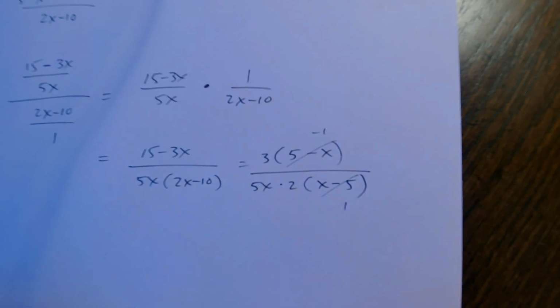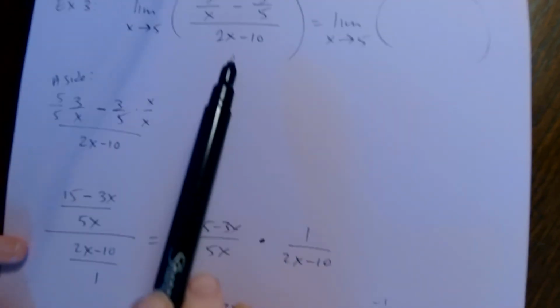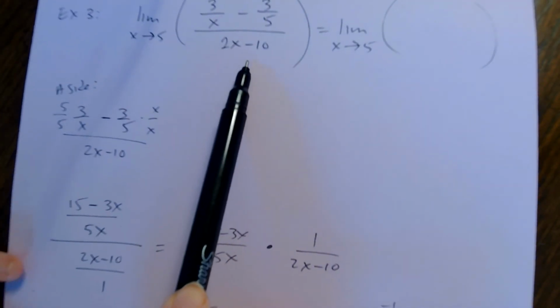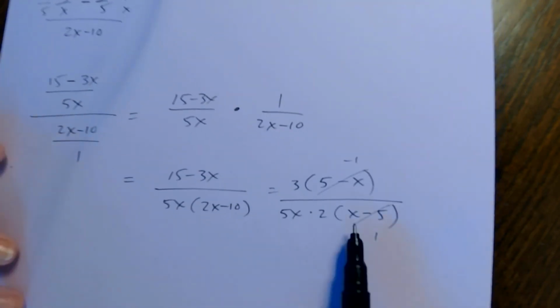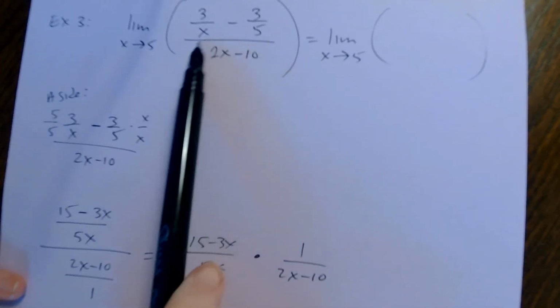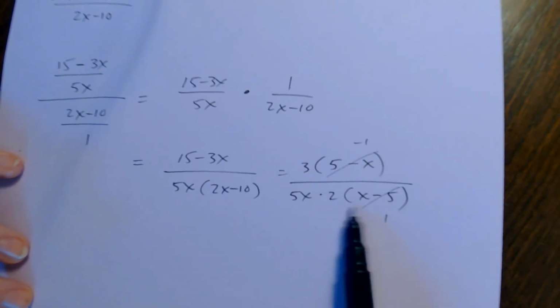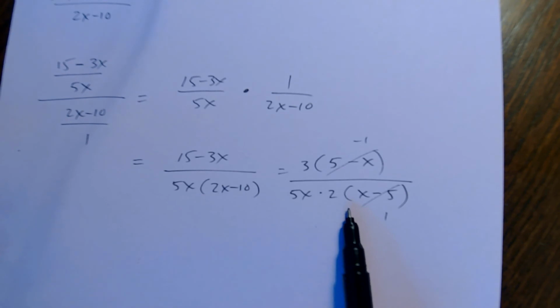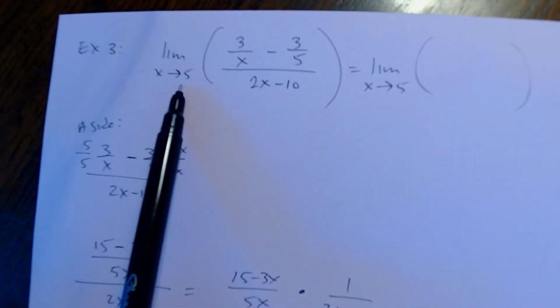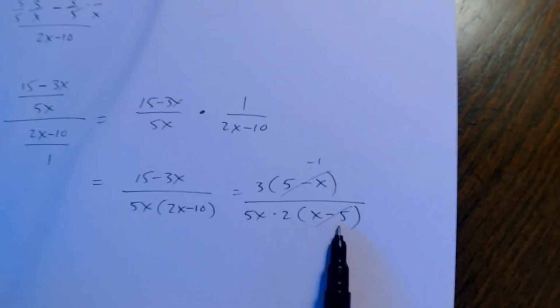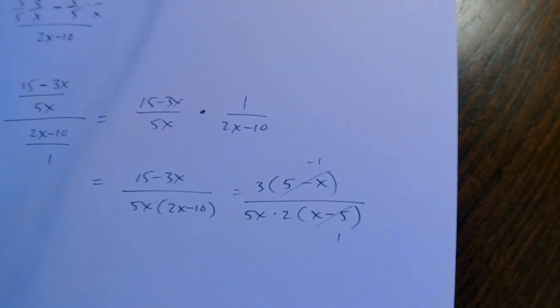And now I said earlier, guys, that it was the 2x minus 10 that we wanted to cancel, but it was actually inside of this. If you factored out the 2 initially, you would have seen this x minus 5. So it's actually this x minus 5 factor that's the problem. Because if you plug the 5 into the x minus 5, you'd get a factor of 0 in the denominator, which would make the whole denominator 0.